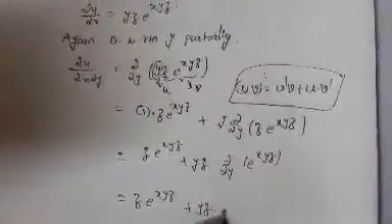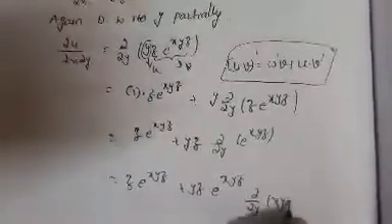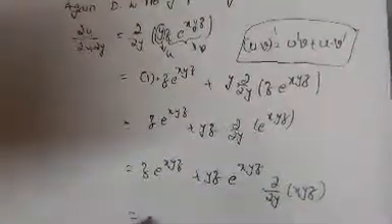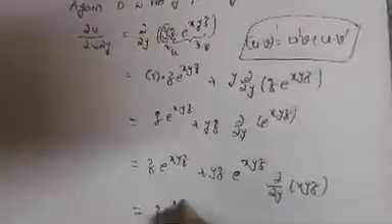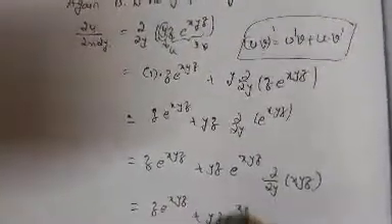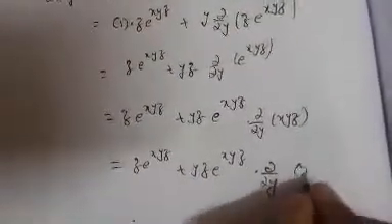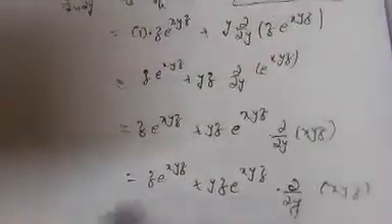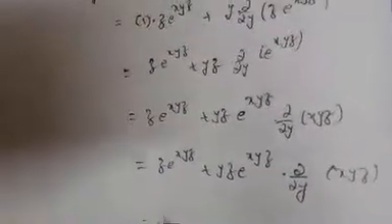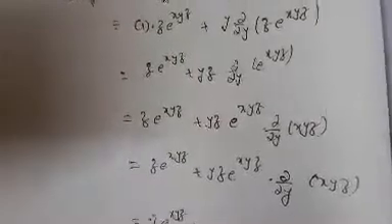So e power x derivative is e power xyz into ∂/∂y of xyz. Then z into e power xyz plus yz into e power xyz into ∂/∂y of xyz, which equals z into e power xyz plus yz into e power xyz times xz.